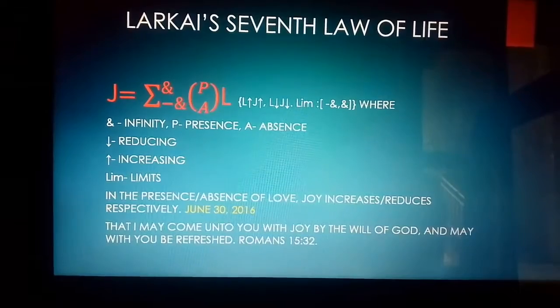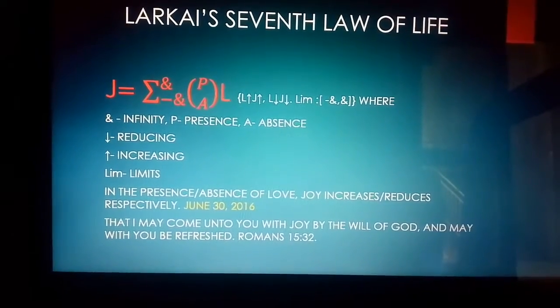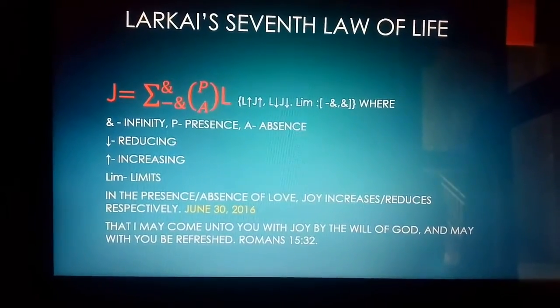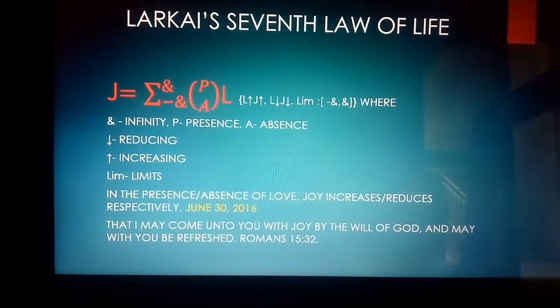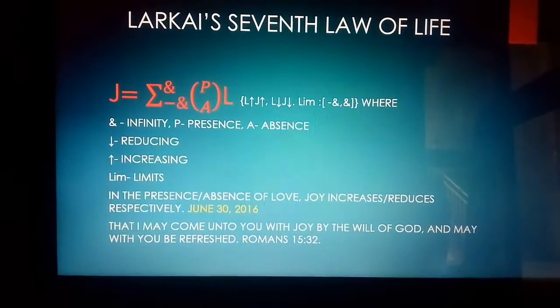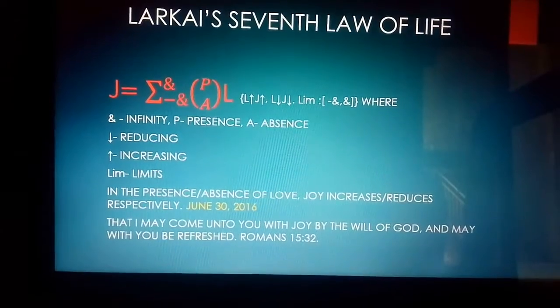What this equation is trying to say is that in the presence or absence of love, joy increases or reduces respectively. So we are relating joy and love in this equation. Where love increases, joy increases. Where love reduces, joy reduces. As simple as that. Okay.